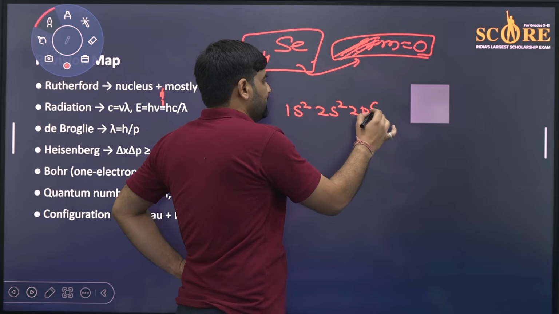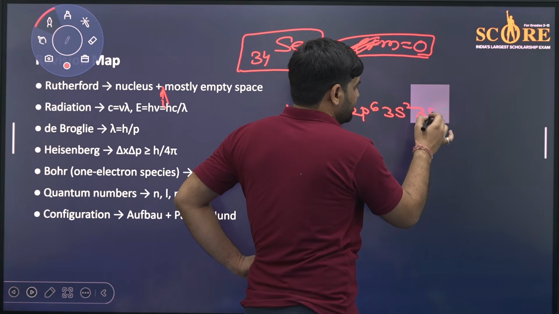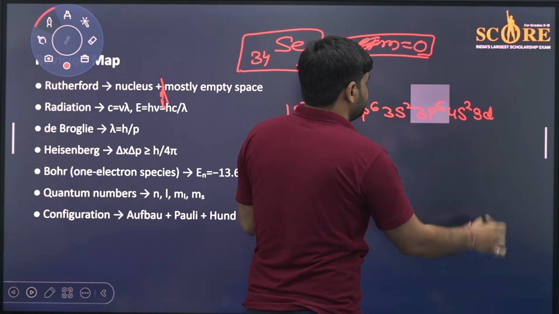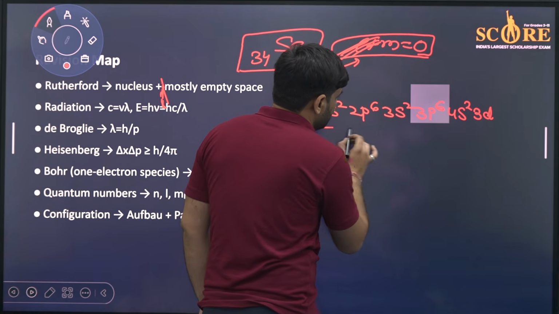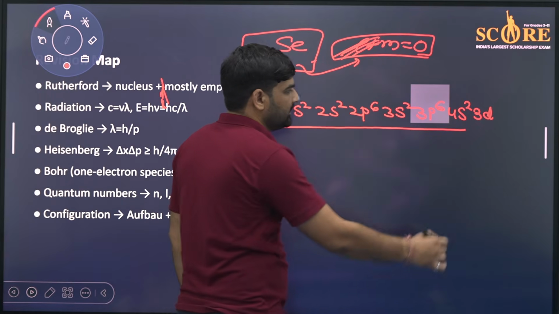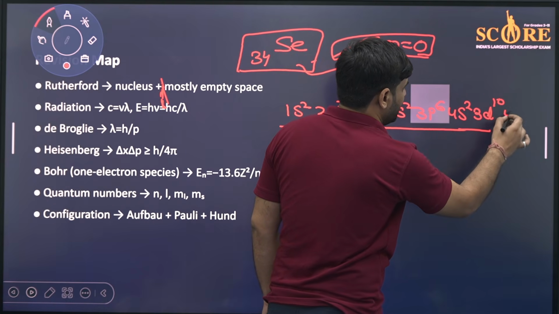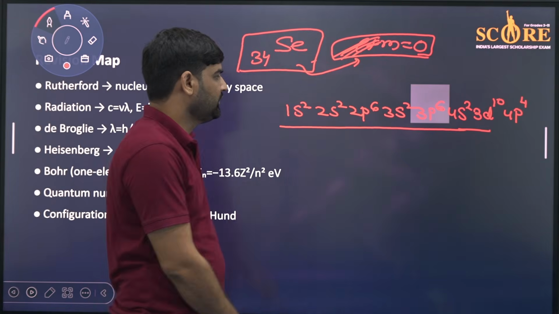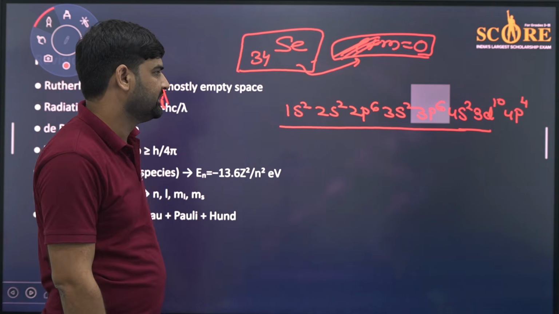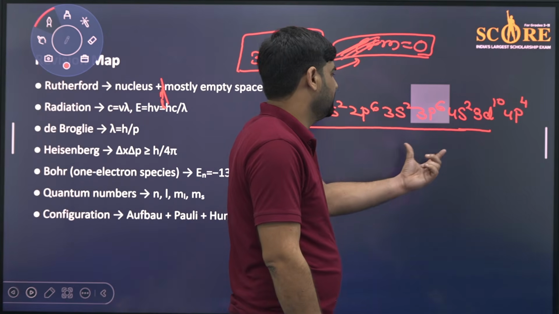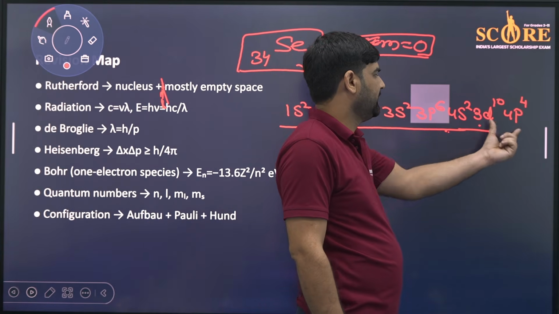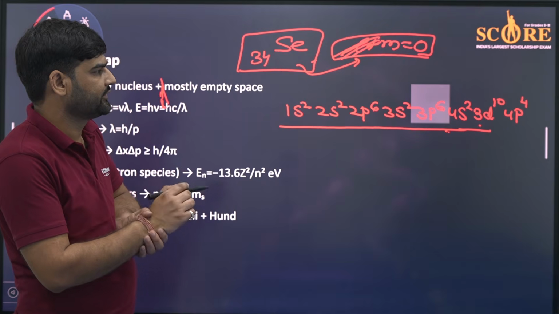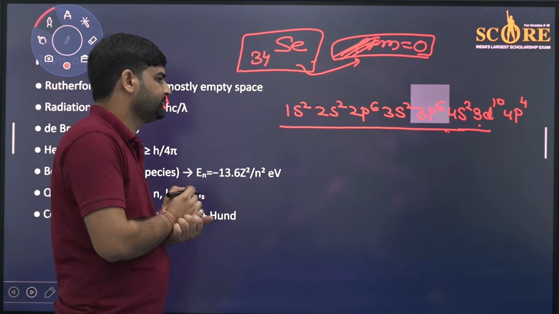So what is the selenium configuration? 1s2, 2s2, 2p6, 3s2, 3p6, 4s2, then 3d10, I think this is 30 electrons filled till here, and the remaining are 4p4.